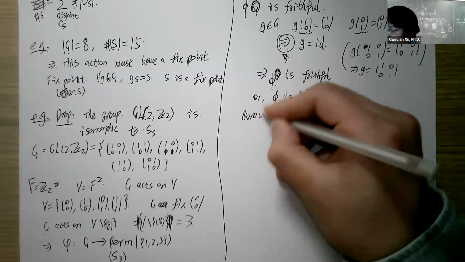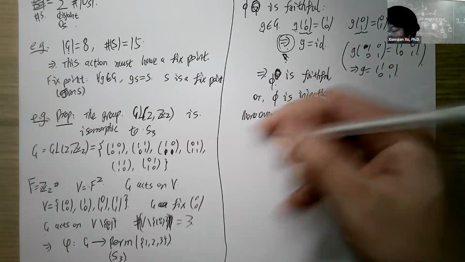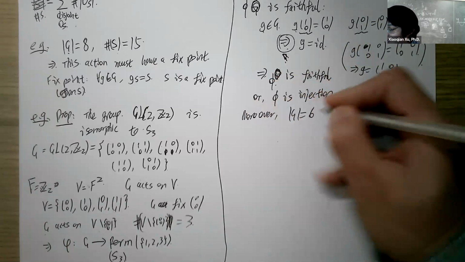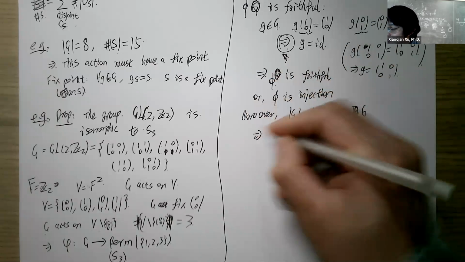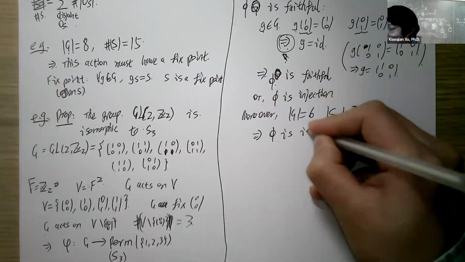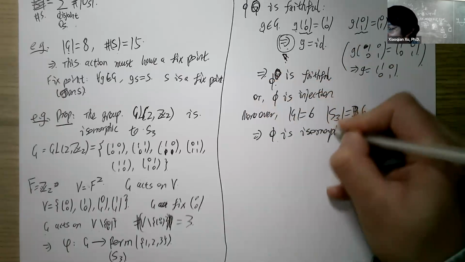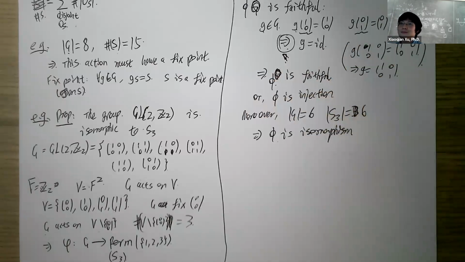Moreover, this G has 6 elements, S3 has 6 elements, so phi is an isomorphism. Right? So we are done.